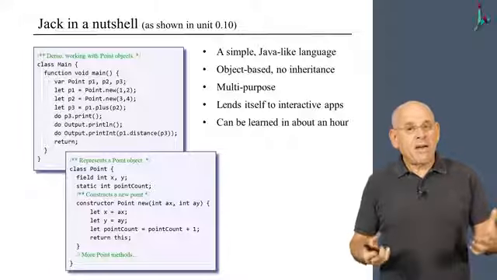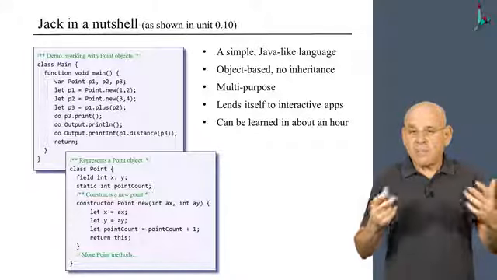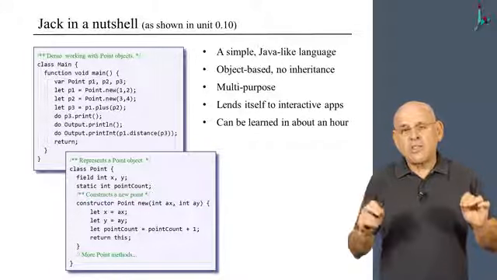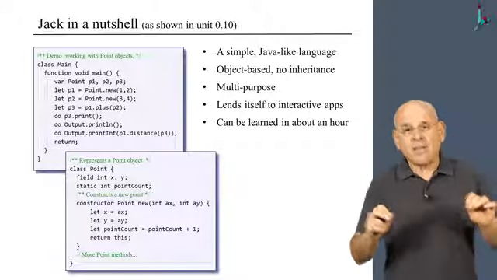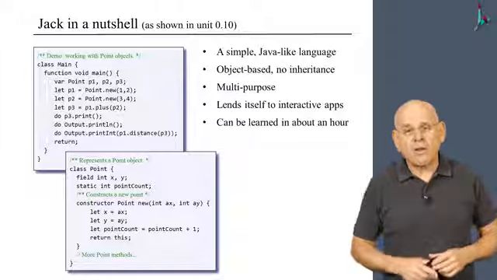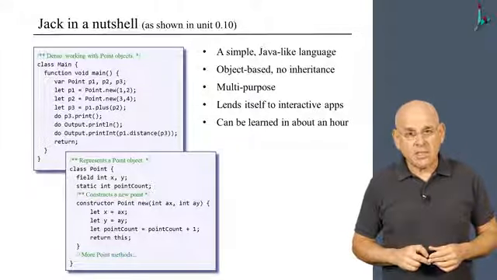And it can be learned, and I should add also unlearned, in about an hour, which is extremely important because Jack in itself is not an end, but rather a means through which we're going to learn a lot about how to write a compiler and how to write an operating system.